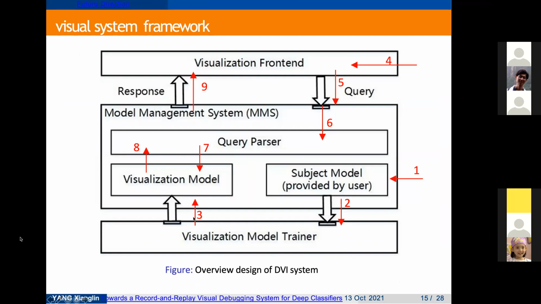And then in the third step, after we get the visualization model, the user can make some queries in the front end. So that's the fourth step. After they send some queries, they can be passed by the query parser and dealt with. And later in the next step, the result will be sent to the front end and the user can look at them.